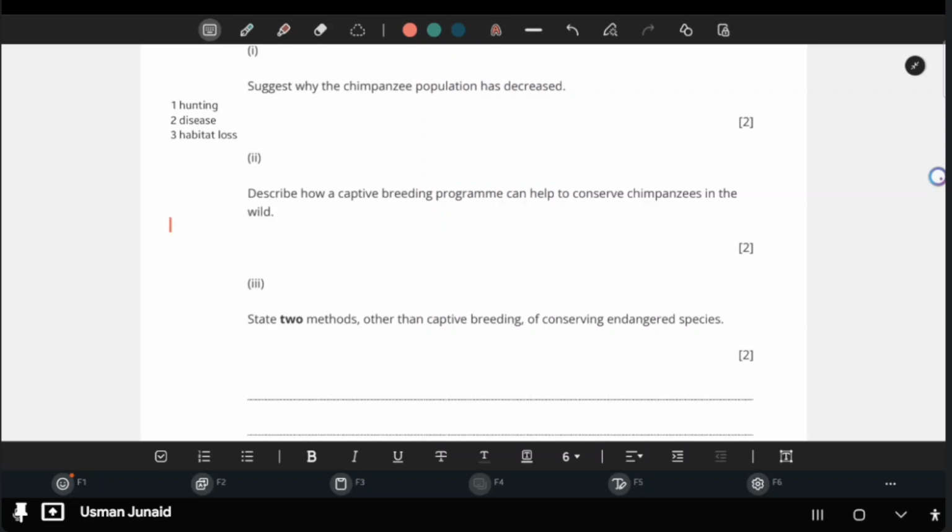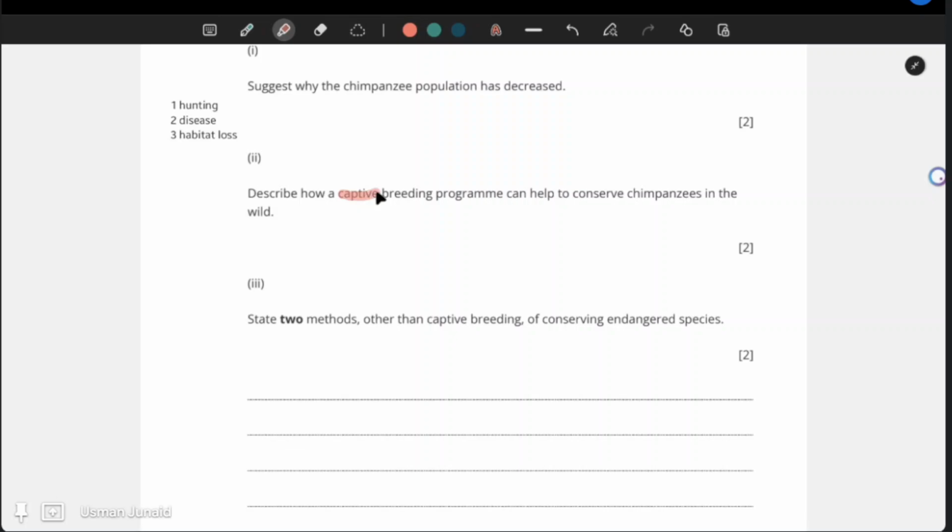Could you repeat the question? What do you understand by these two words? The first one being captive and the second one being breeding. And what would you assess by that as a whole? Like, what would that mean? Forcing chimpanzees to reproduce. Half right.